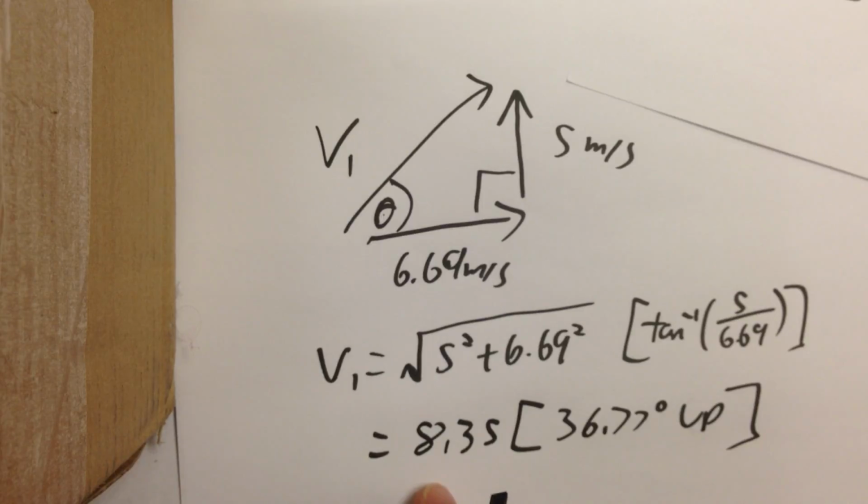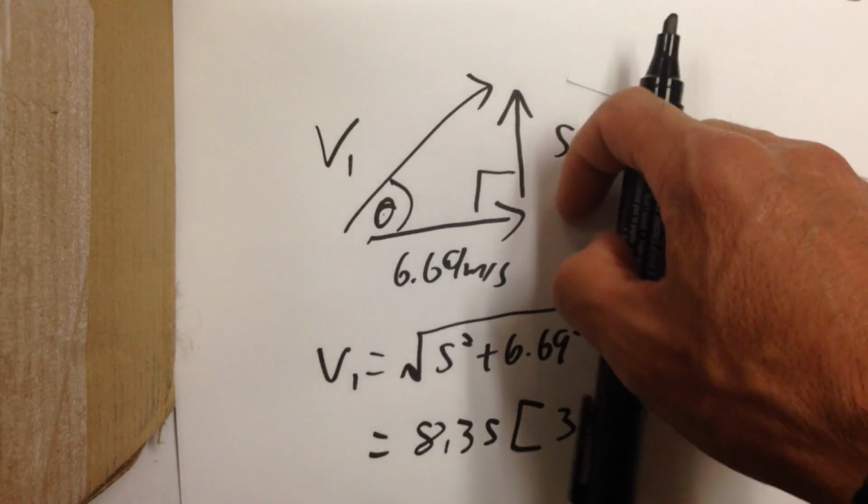Okay, so our final velocity is 8.35 meters per second at an angle of 36.77 degrees, and that would be upward from forward.